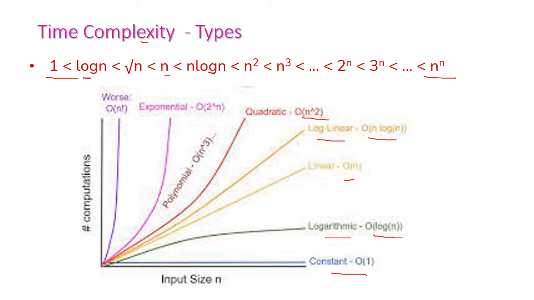This is O of n square, quadratic. After that, this is exponential, 2 power n, 3 power n, and finally this is the worst case. So these are different types of time complexity values with respect to input size and computation.